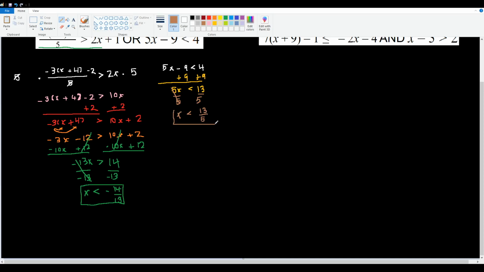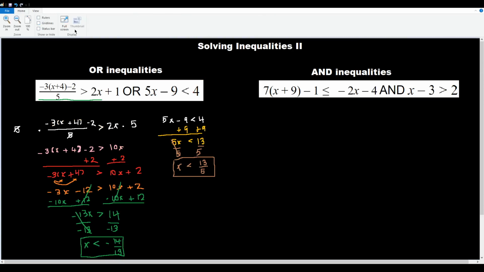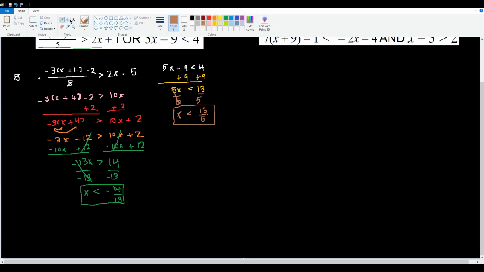Alright. So now that we have our two conditions all simplified and set up here, we can now begin to graph these. And graphing and or inequalities gets pretty easy once you get the gist of it. So I'm going to draw me a number line here in yellow.